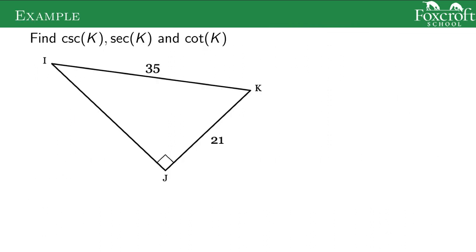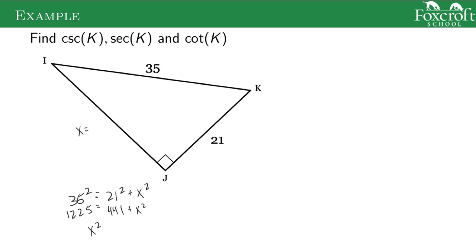All right, so for this problem, I'm going to find cosecant, secant, and cotangent. The first thing is we're missing a side, so we have to do the Pythagorean theorem to figure out what this missing side is. All right, just do this really quick. We've done it in a few other videos. 35 squared is 1225. 21 squared is 441.